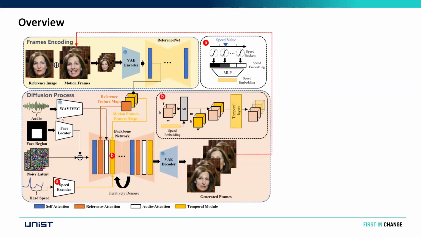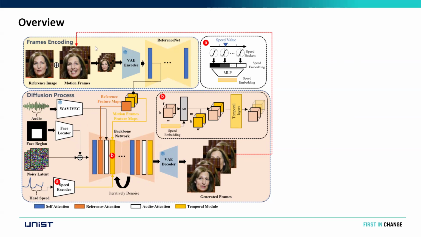Where we start, we have audio, we have just noise as the starting noise, and we have the reference image. In the beginning, these motion frames will be noise, very similar to noise.